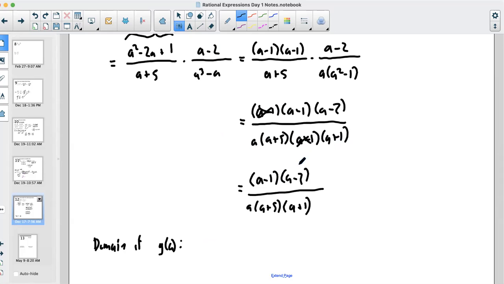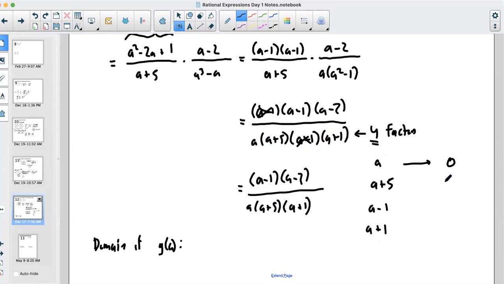So you got to go back here. And there are 4 factors on the bottom. One of them is a. One of them is a plus 5. One of them was a minus 1. One of them was a plus 1. So if I set all these equal to 0, I get 4 values for a.